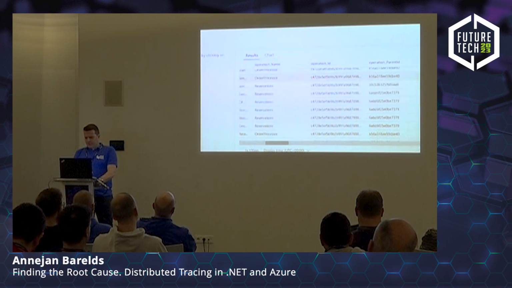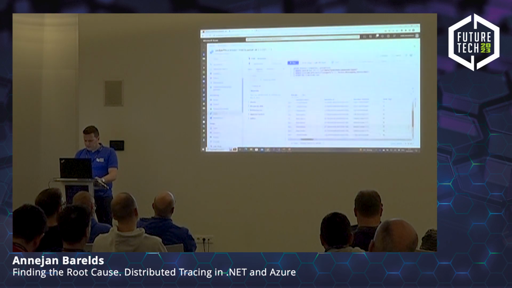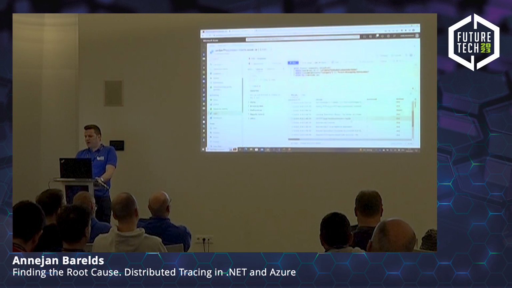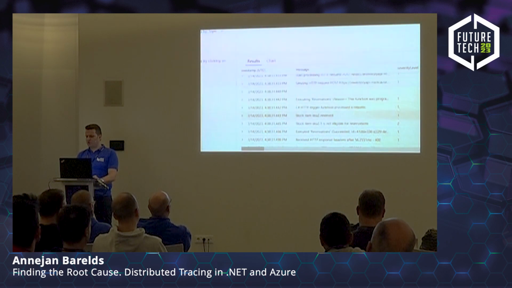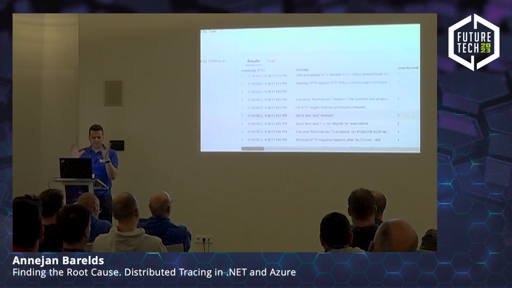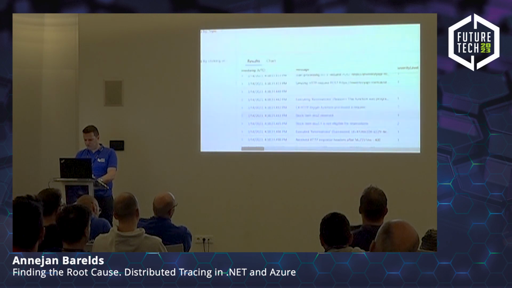Now, obviously, if I now look into the code, or maybe first look at the actual messages, I can see that somehow I'm entering that API, and SKU item 2 is being reserved, but SKU item 2.1 is not eligible for reservation. So, well, that's probably where stuff went wrong.